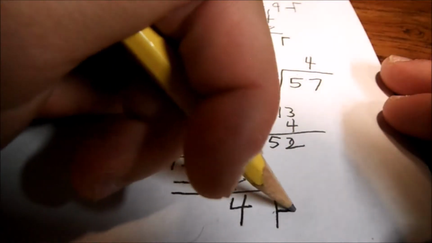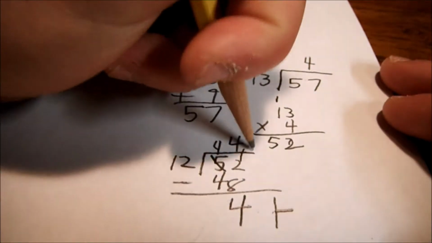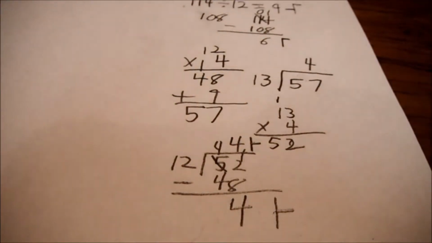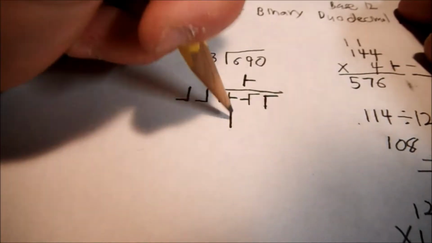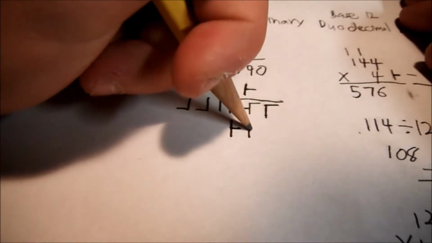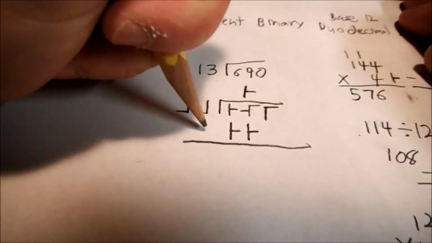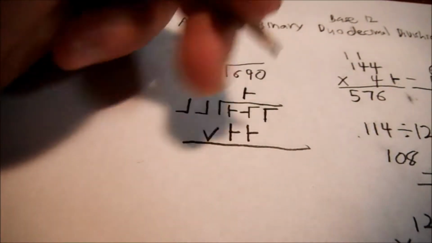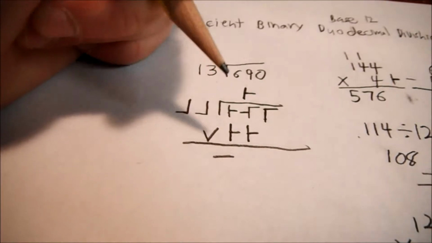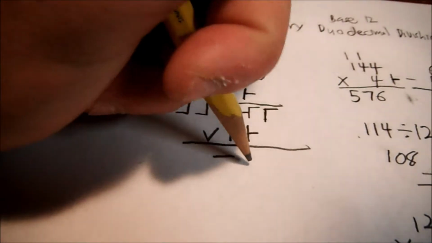So basically, this is our ones place. This is our 12s place. So now we go back up here, and we subtract this. We use the down symbol for subtraction. And so now this equals 0, and then this equals 5.